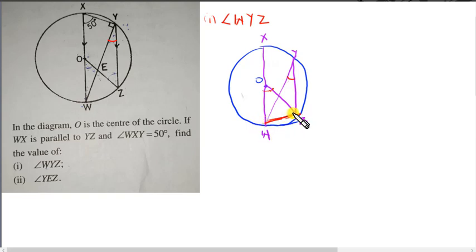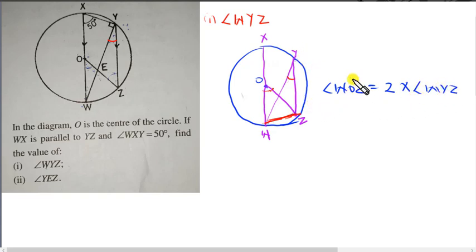If a chord subtends an angle at the center, and that same chord subtends an angle on the circumference in the same segment, then the angle at the center is 2 times the one on the circumference. That is, the angle WOZ at the center is equal to 2 times the angle on the circumference, that is angle WYZ.